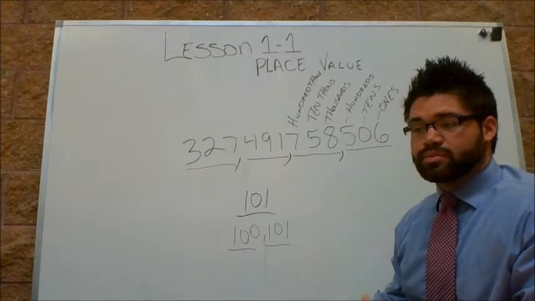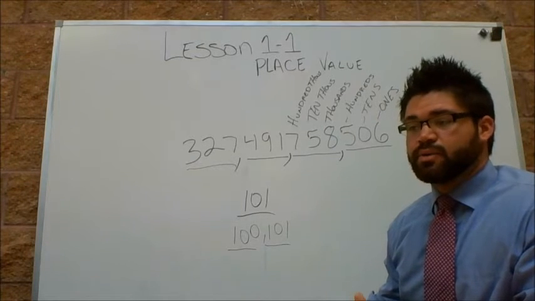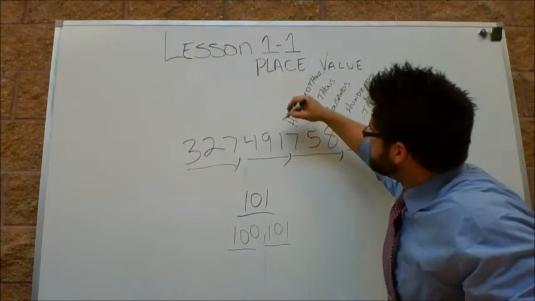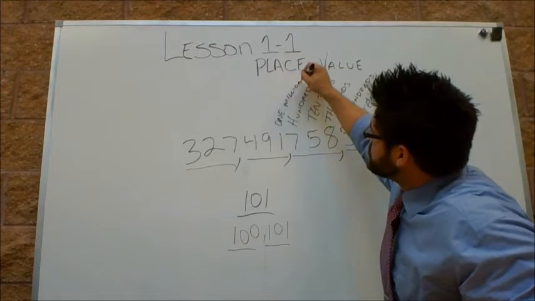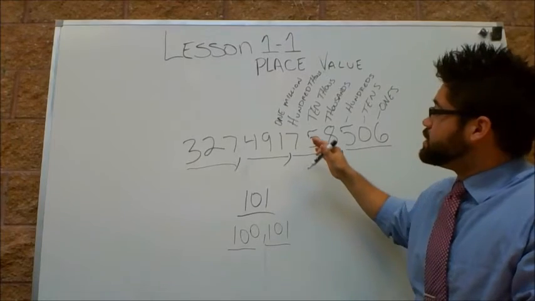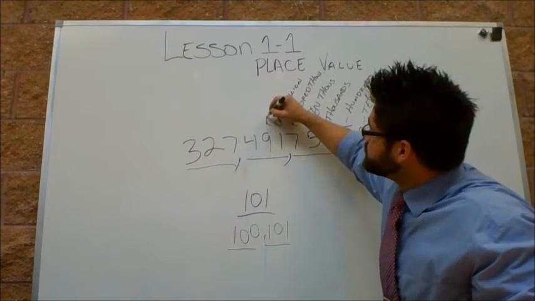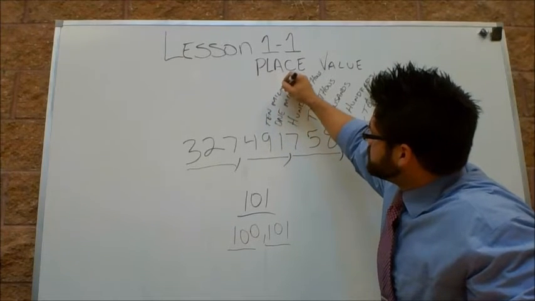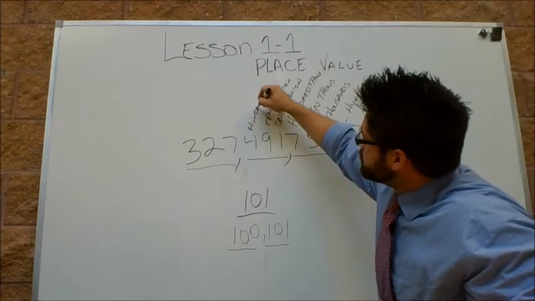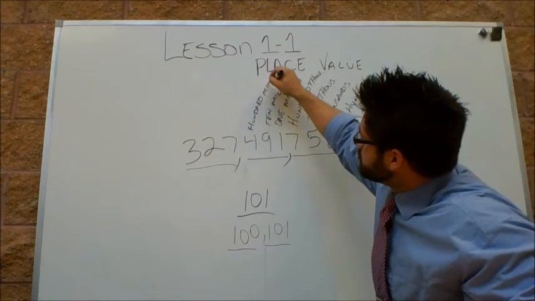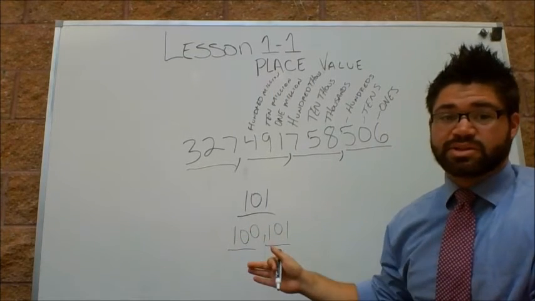Okay, now we jump into the next period, right? The next set of 3 digits of numbers. And now we're looking at 1 million. And our pattern is going to continue. So now we go 1 million, we're going to go 10 million, and then 100 million. So we go and write the next 2. All right, so now we're going into the next period, which is going to be our billions.